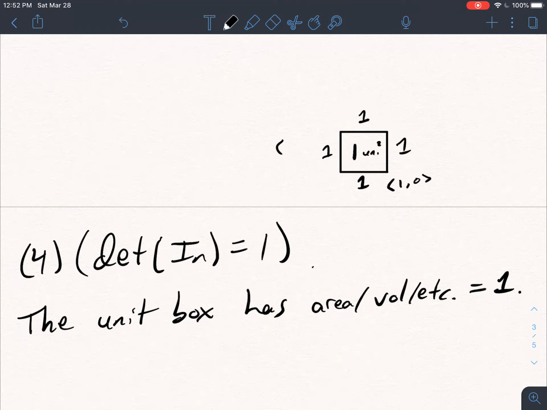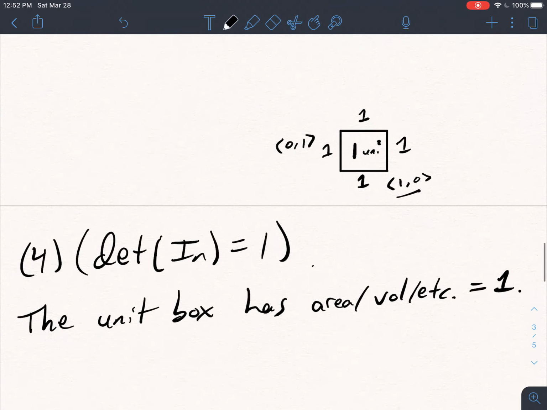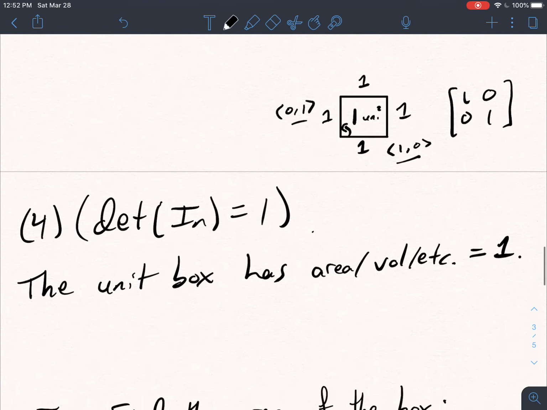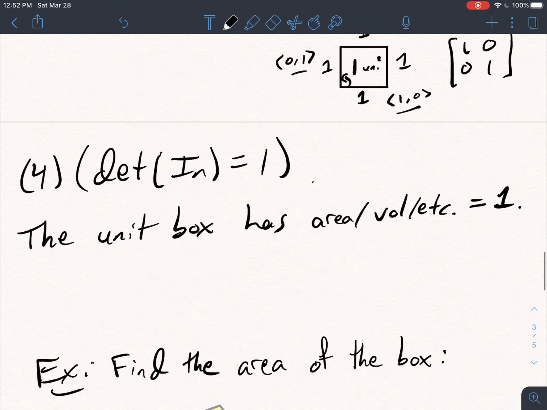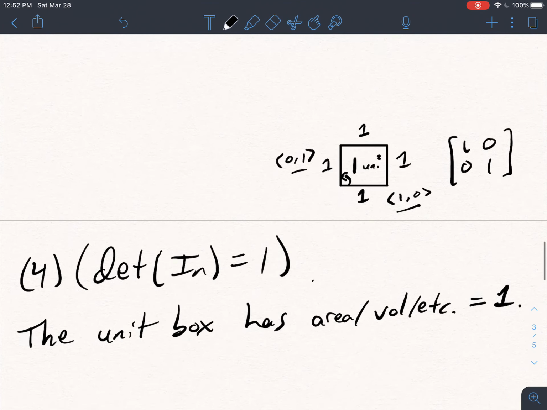By the way, I want to think of this as the vector 1, 0, and then this would be the vector 0, 1, etc. So in particular, you would have this vector first and then this vector second, so that you're reading counterclockwise, so that you get the positive area. Because if you put them as rows or columns, you would get the identity matrix. Okay, cool. So that one works.